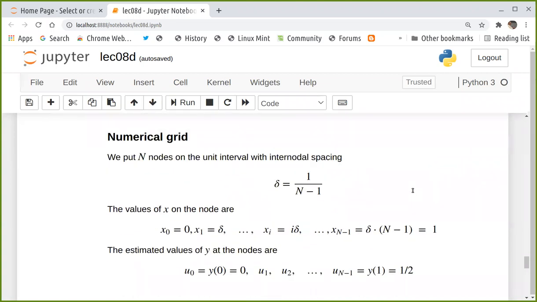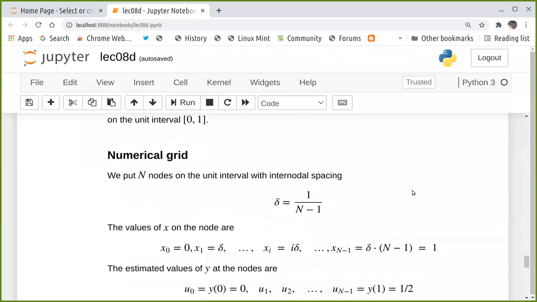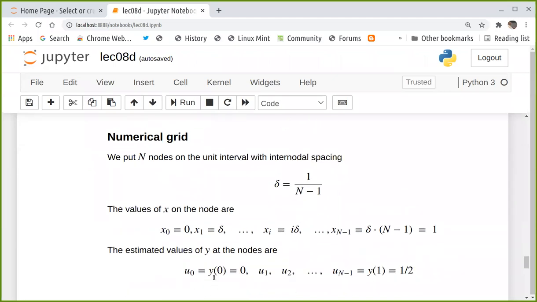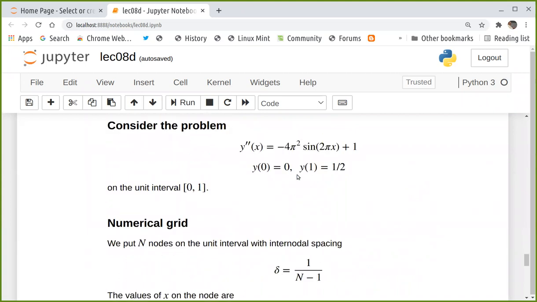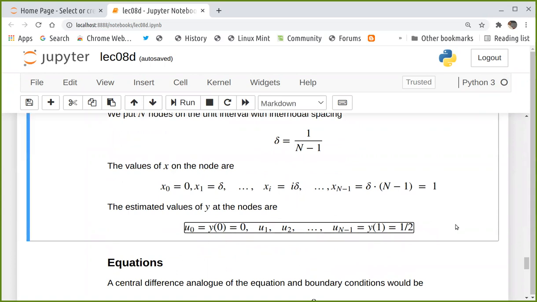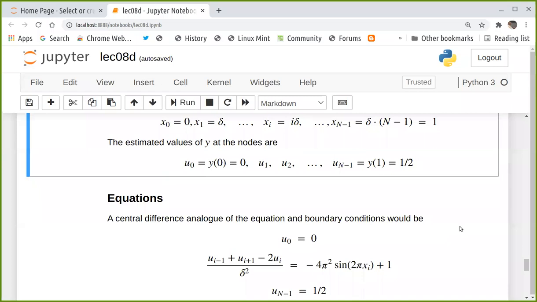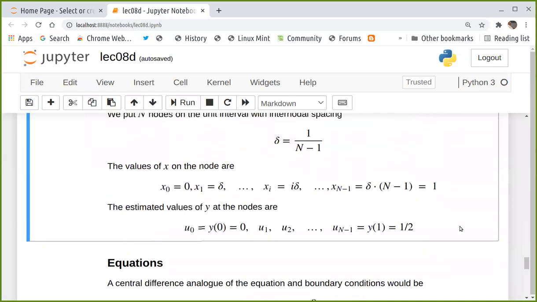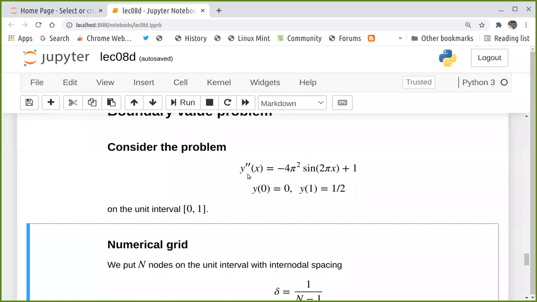Now we were given the values at the boundaries, so we specified that y of 0 equals 0, so u0 equals 0. And we specified that y of 1 is equal to 1/2, so u sub n minus 1 equals 1/2.